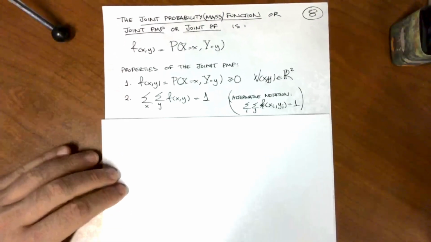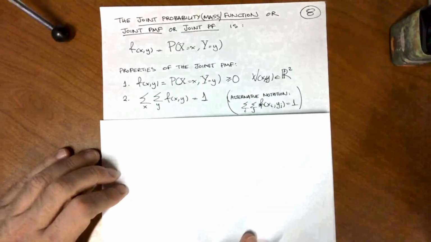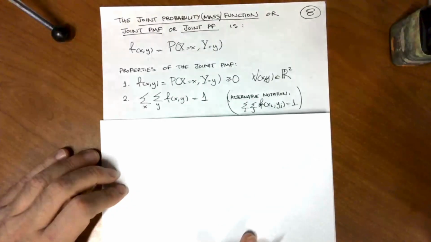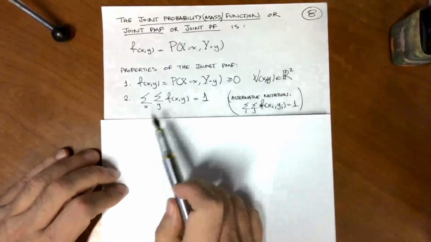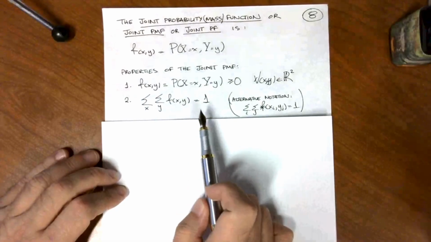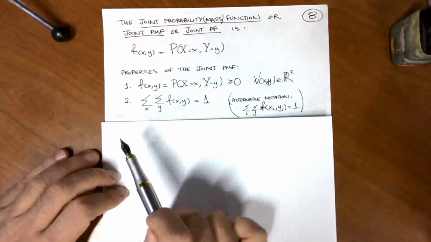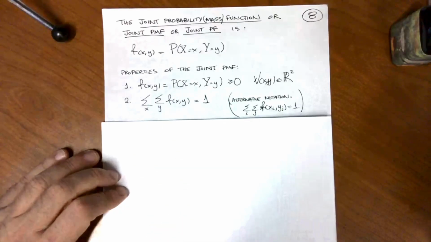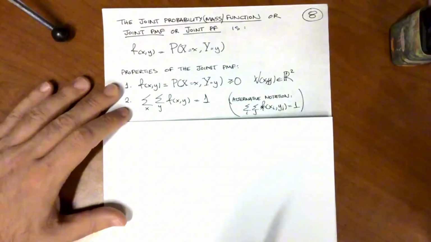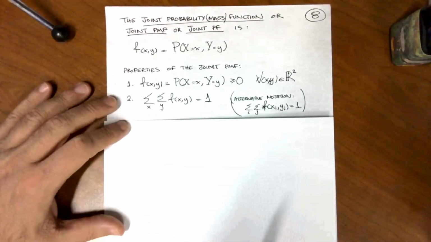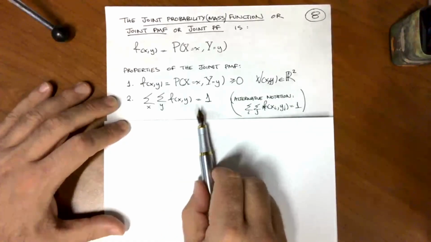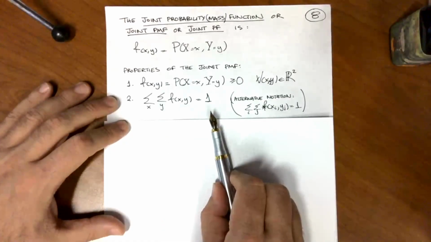The other property that you can also guess from the univariate case has to do with what all of these f values add up to if you sum across all possible values of x and sum across all possible values of y. Well, similarly to the univariate case, the summation of these values has to be equal to 1.